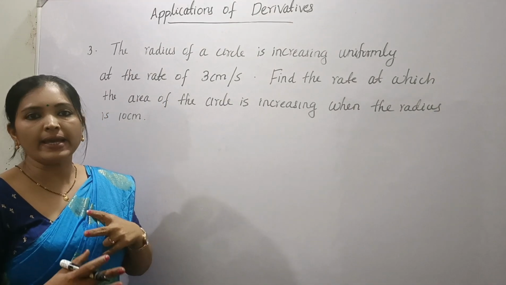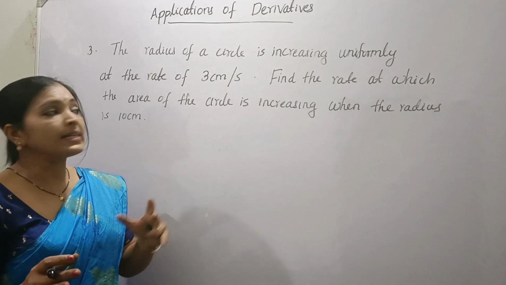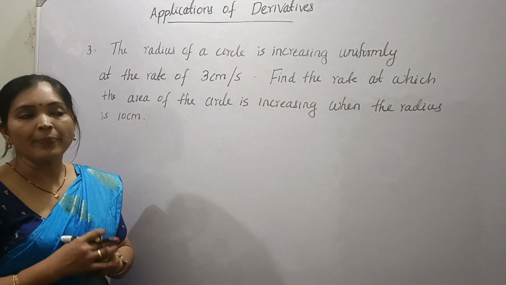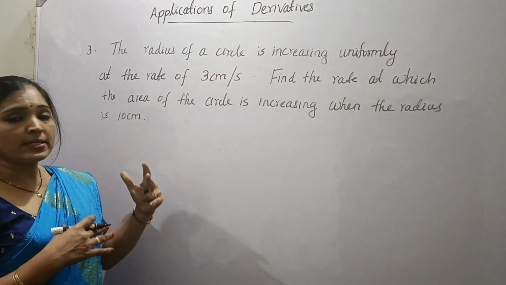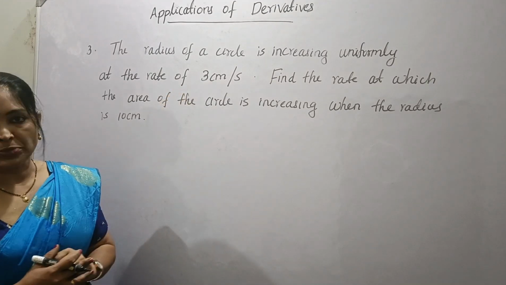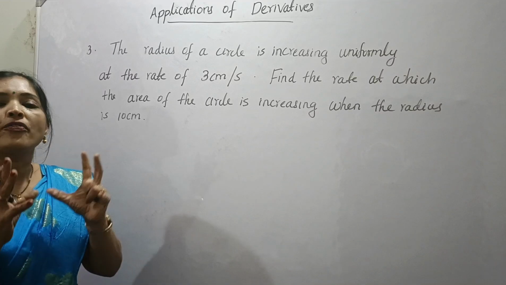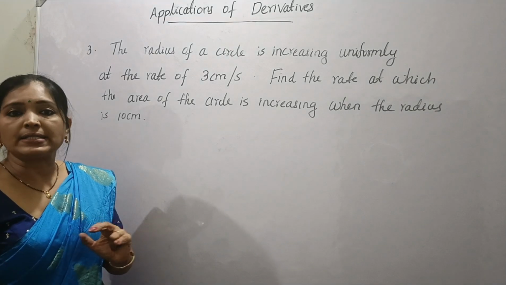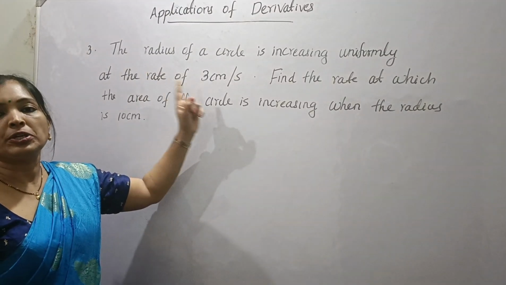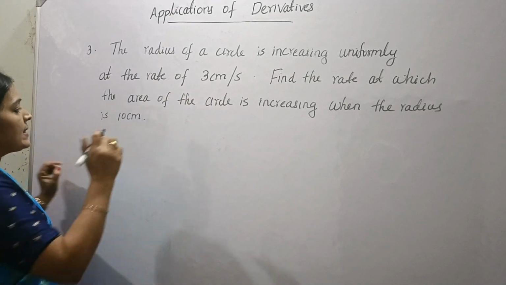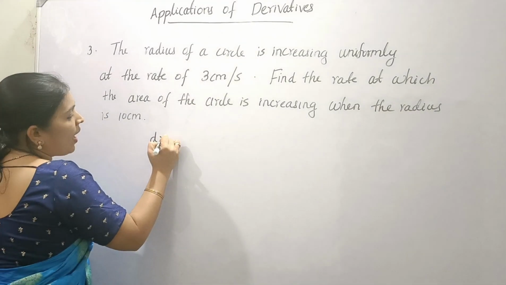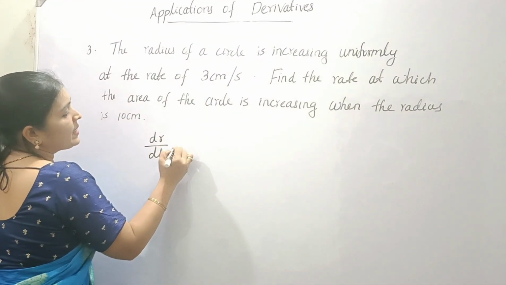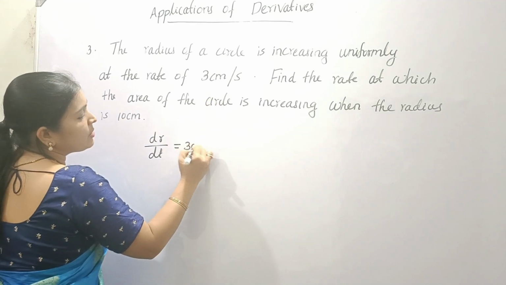For a second, the rate of change of radius is 3 centimeter. That means the radius of a circle is increasing at the rate of 3 centimeter per second, that is dr by dt is given, that is 3 centimeter per second.